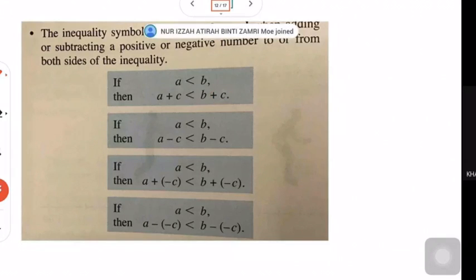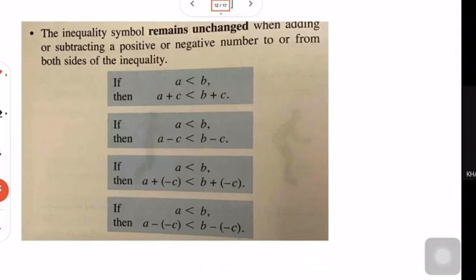And this symbol doesn't change. You add C to the value on the left side, and you add C also to the value on the right side. Value dia akan naik dengan sama banyak lah. Jadi the symbol doesn't change.